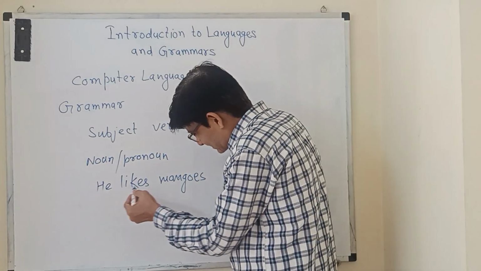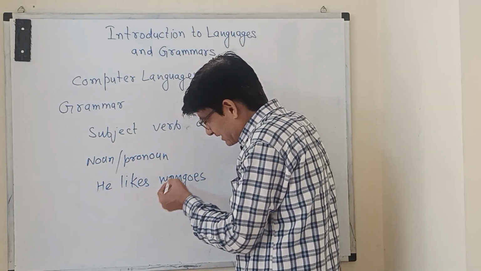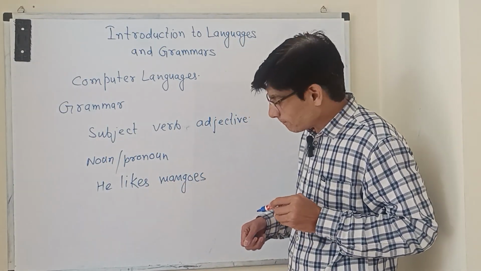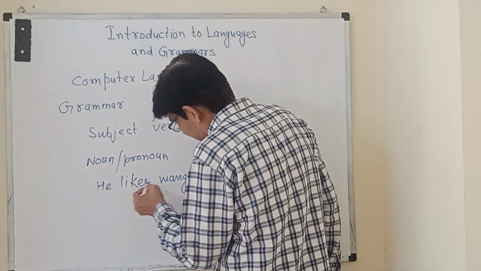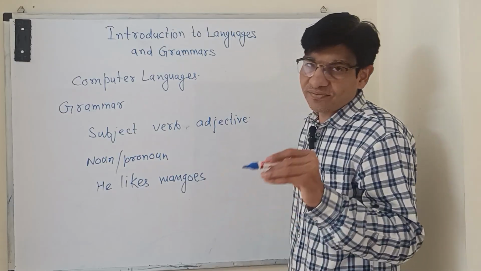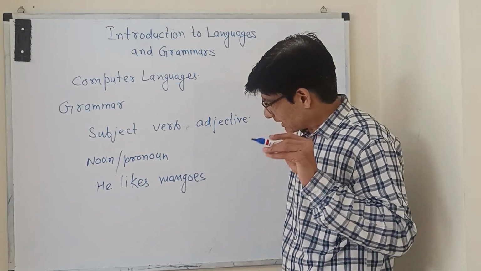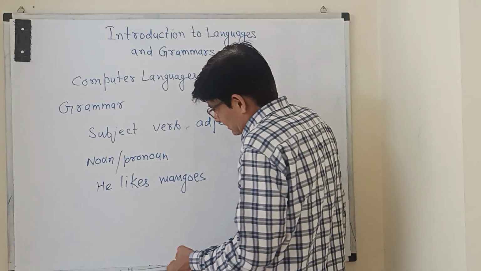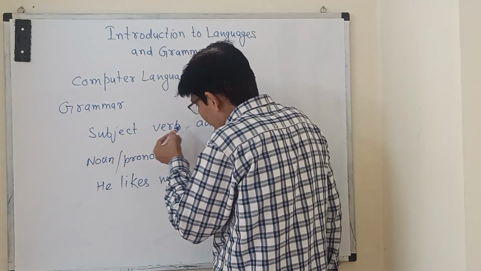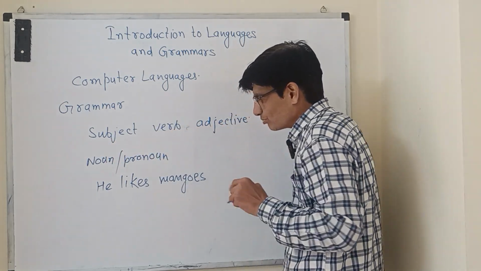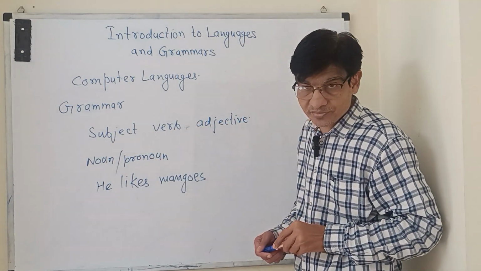Only in this particular sequence does this sentence have proper meaning. He likes mangoes. But if I change the sequence of these three words, the meaning of the sentence will vanish. So the sequence of subject, verb, and adjective must be the same.